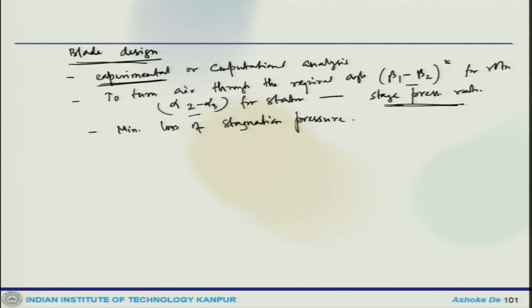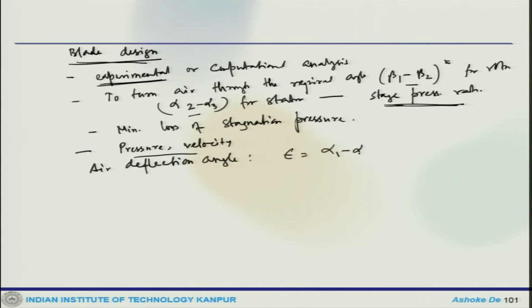And during those experiments, typical measurements like pressure, then velocity are obtained, and then we calculate the air deflection angle, which will be epsilon, let us say alpha 1 minus alpha 2.